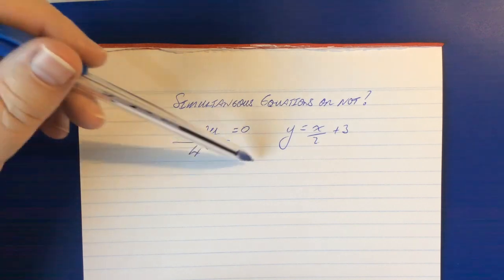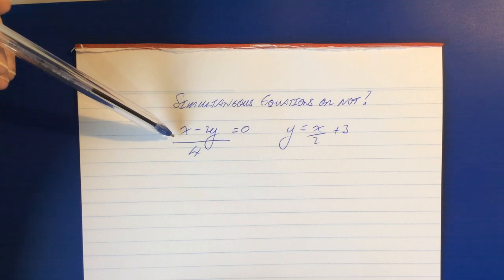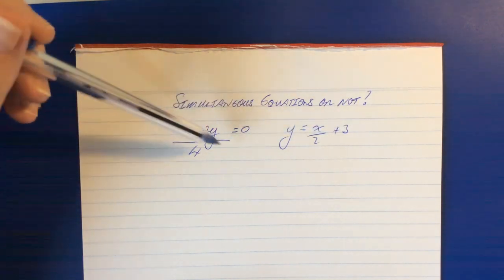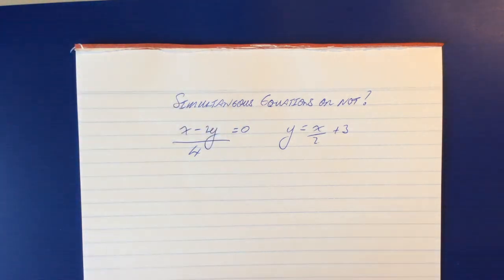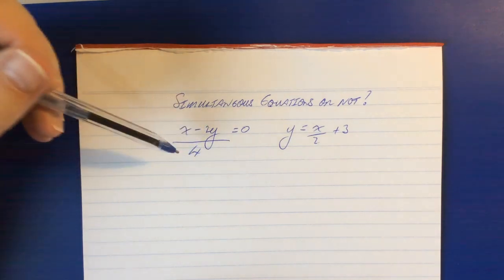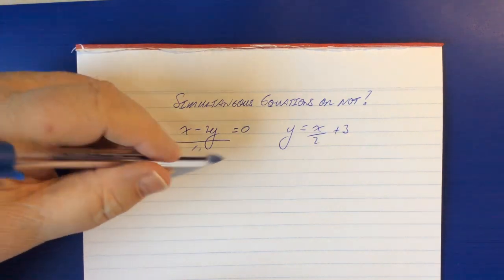My preference is substitution, so I'm going to rearrange this equation so that it starts off with a y, then has an equal sign, and then some x's and possibly some integers. So let's get to work on that.